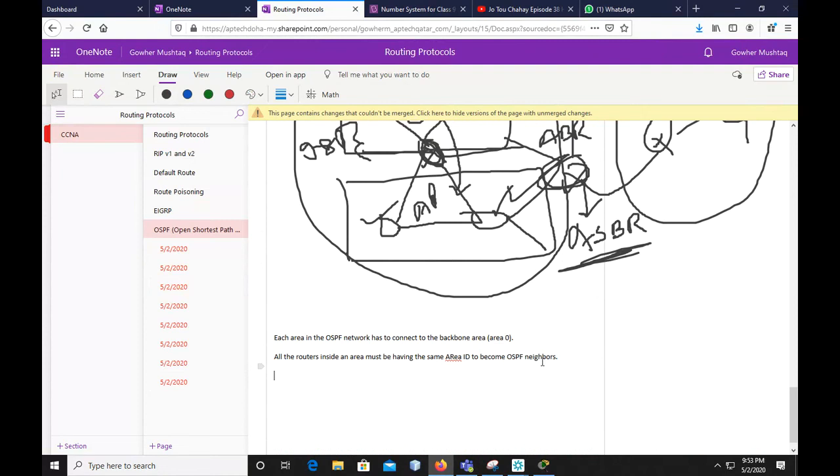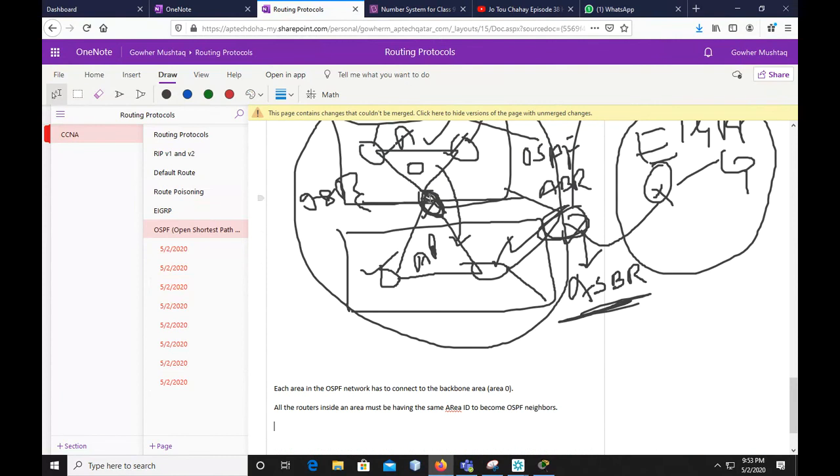So a router that has interfaces in more than one area, suppose area 0 and area 1, is called an Area Border Router. As I've told you in simple ways, when one area is connected to another, we use a router called ABR. You can say that if a router has interfaces connected to more than one area, for example area 0 and area 1, that is called an ABR.